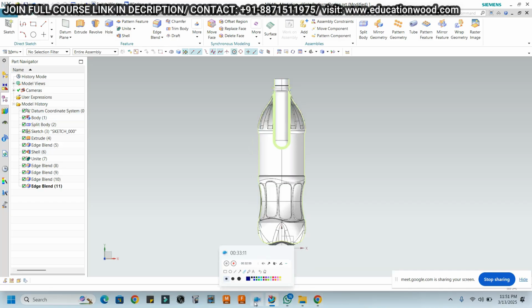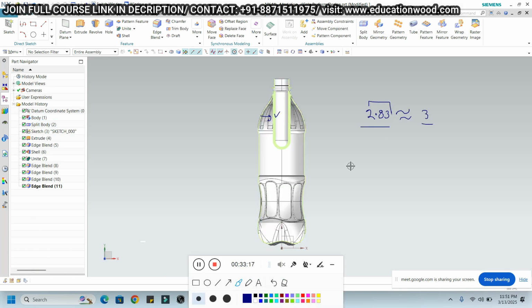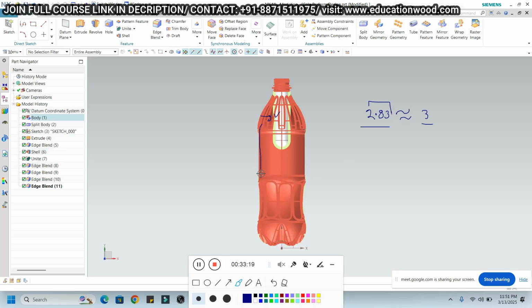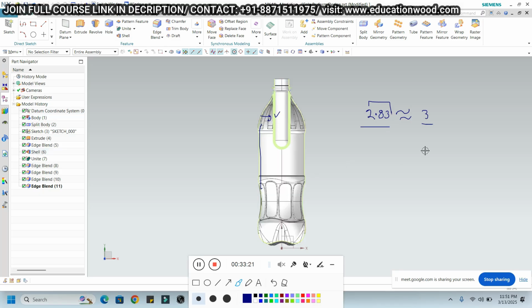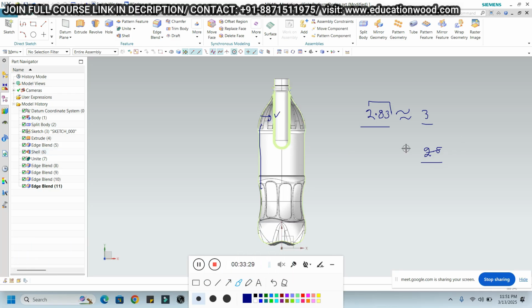So here, depending upon the wall, what wall thickness do you need here? Let's say 2.5 for the component. If we take an assumption, we want 2.5 mm. So 0.5 is not possible here. Why?